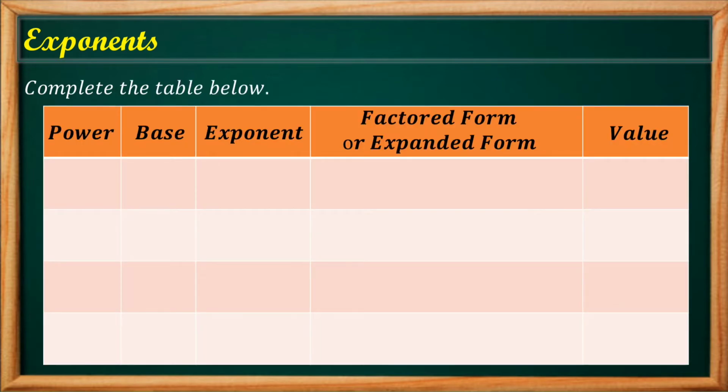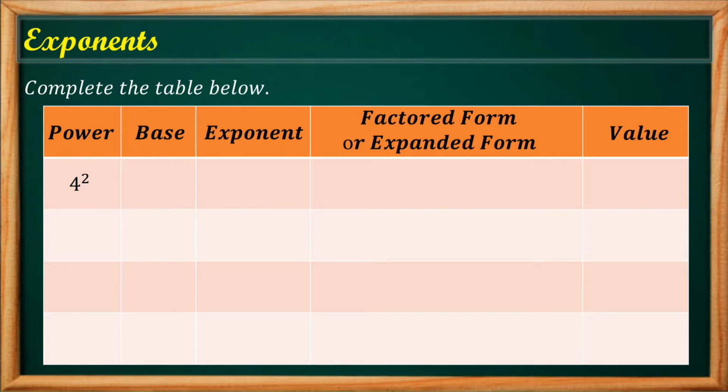Now, if we have here our table, we need to identify the power, the base, the exponent, then the factored form or the expanded form, then the value. Example, if our power is 4 squared, that is an example of a power, or what we call the exponential form.